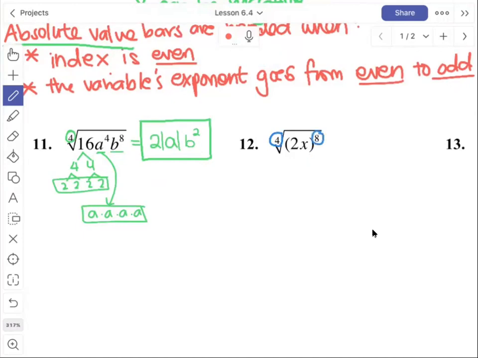Take care of those exponents first. So I would divide the 8 by the 4. And that gets me 2x squared. I don't need absolute value, right? Because it went from even to even. And so I can just simplify that to be 4x squared. All right, so that's how you would do that one.